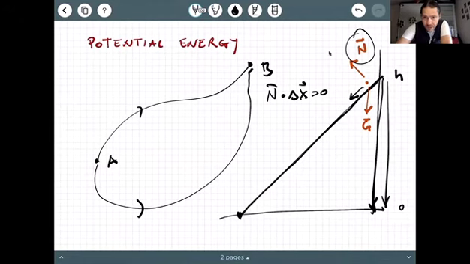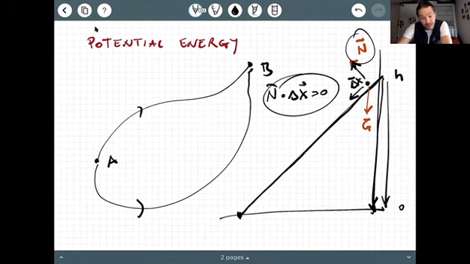So what I was saying is that I have a particle rolling down a cliff, and the force that the cliff is exerting on the particle is perpendicular to the displacement of the particle. So the force that the cliff does on the particle doesn't do any work, and only the gravity does work.